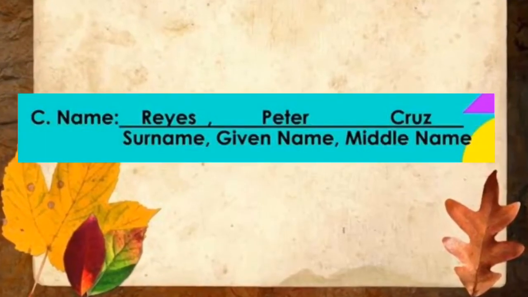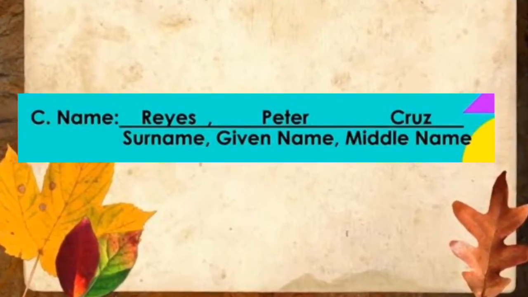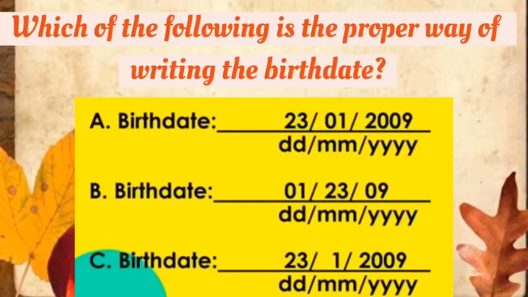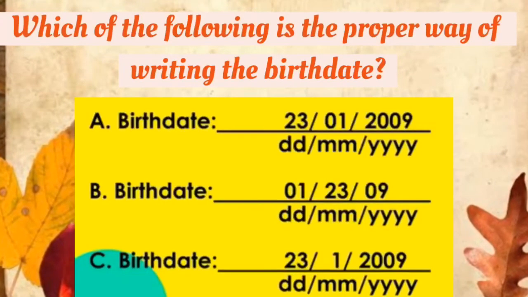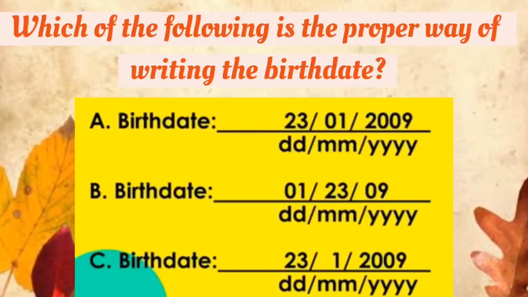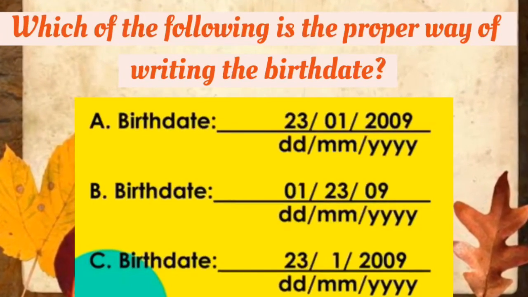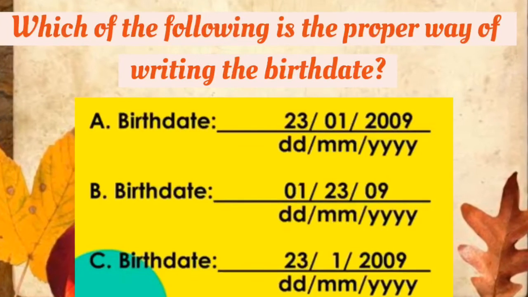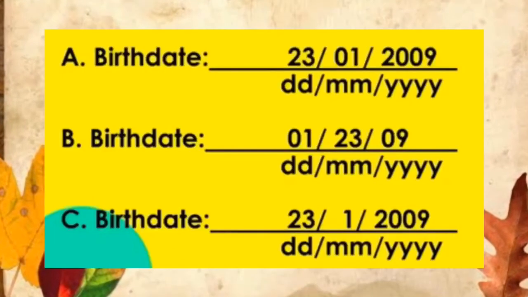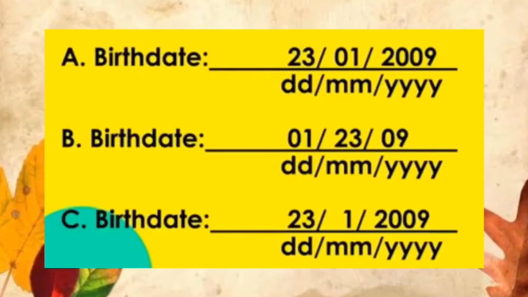The correct answer is letter C. Which of the following is the proper way of writing the birth date? The correct answer is letter A.